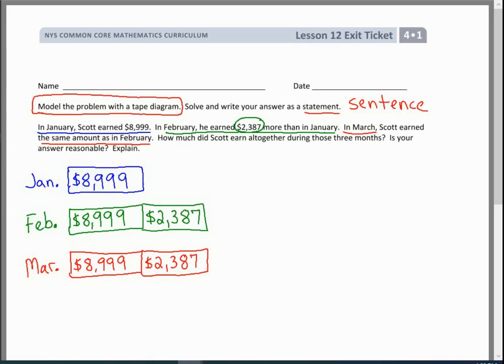Now, what are we actually trying to solve here? How much did Scott earn all together during those 3 months? So what we're trying to solve is, I usually use a bracket, all of those combined. We're trying to find the total of all three things.